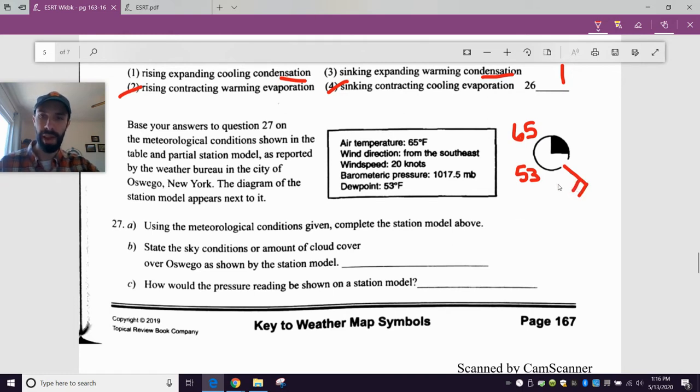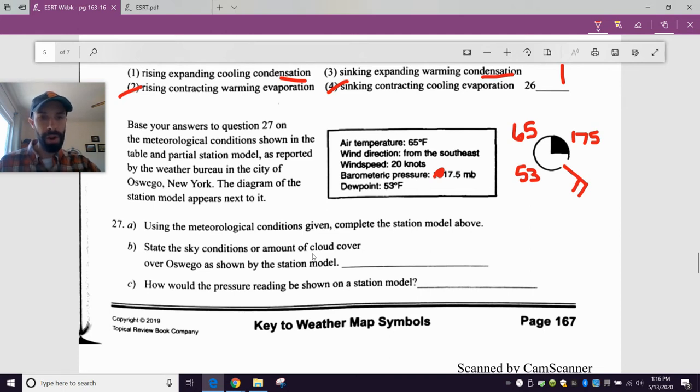Each line is 10 knots, so that's 20. Okay. Now it says that the barometric pressure is 1017.5. I get rid of the 10, I get rid of the decimal, so I'm just going to write 175 in the top right. Okay, and I think that's everything.